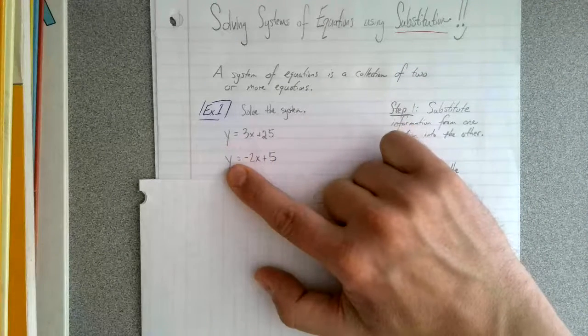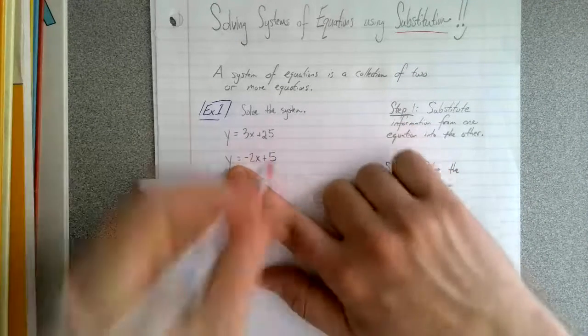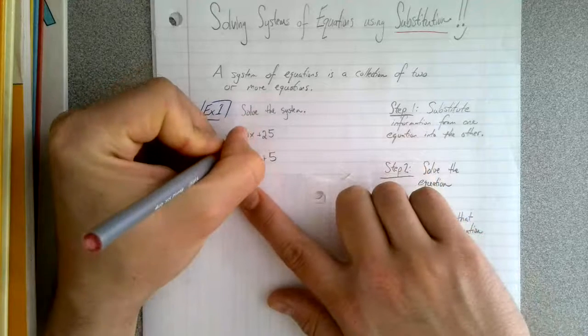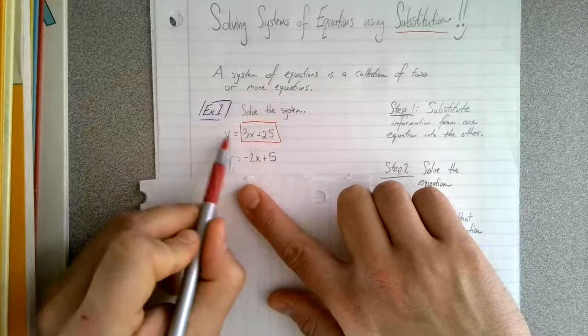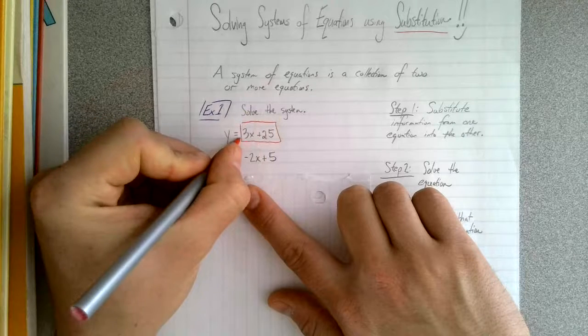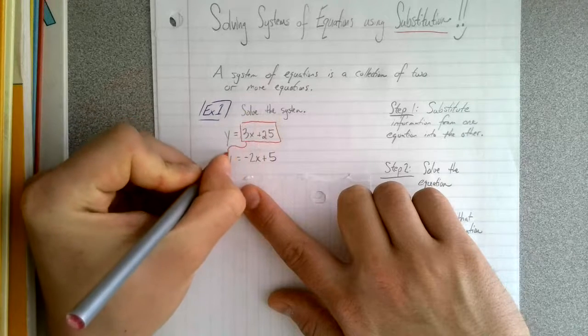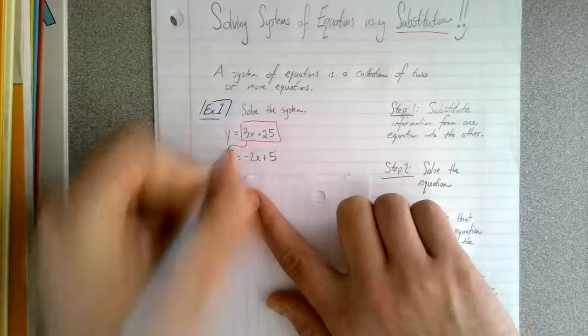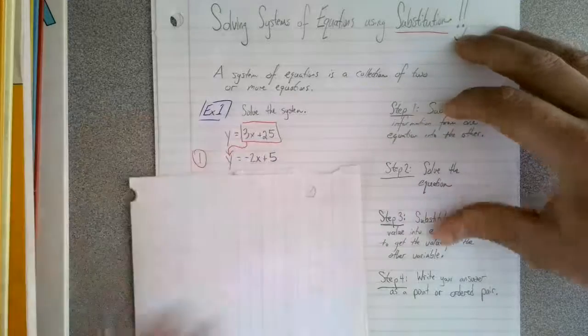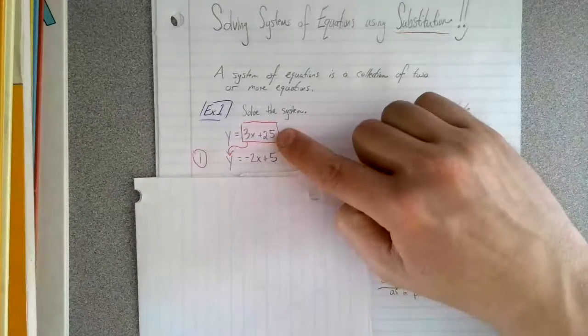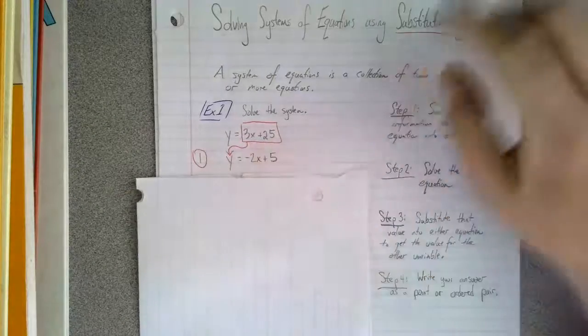Well, we have a y in this other equation here. And since 3x plus 25 is equal to y, what we can do is substitute that information into the y in the other equation. And this is our first step, step one.